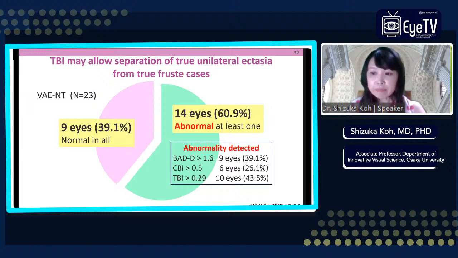However, 40% showed all normal values. Probably these cases may be true unilateral ectasia. Therefore, I could say that TBI may allow separation of true unilateral ectasia from the fellow eyes of very asymmetric ectasia.